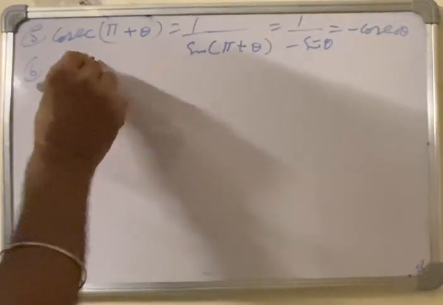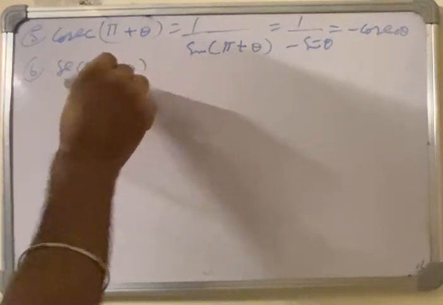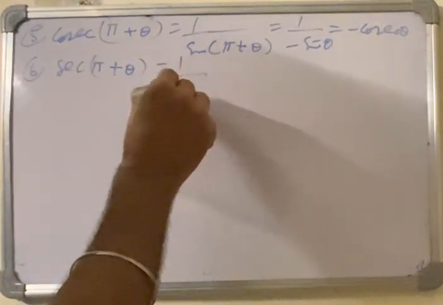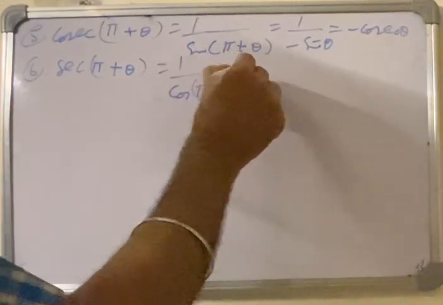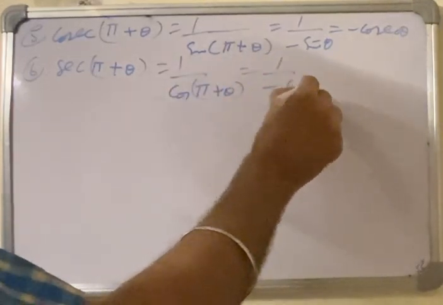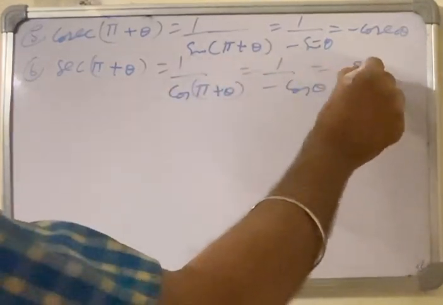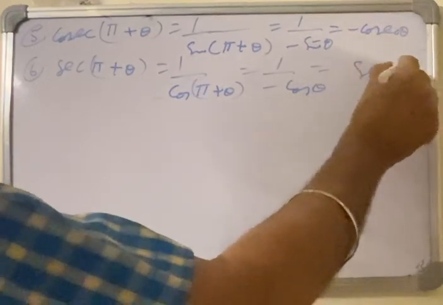Then we take secant pi plus theta is equal to 1 over cos pi plus theta, which is 1 over minus cos theta. This is minus secant theta.